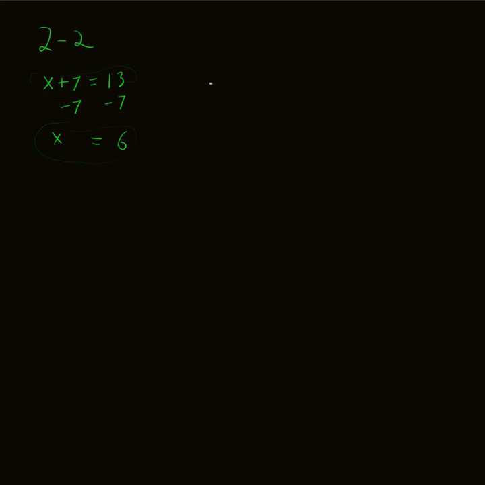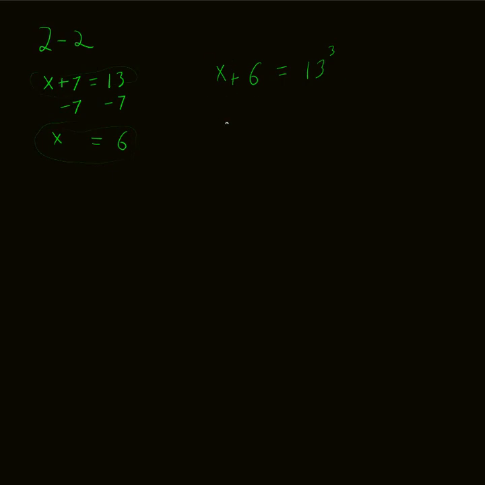If I start out with an equation, let's say x plus 6 equals 13, an equation that would be equivalent to this would be any equation that we could use operations to get back to this original equation with.